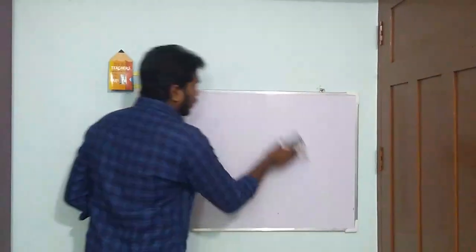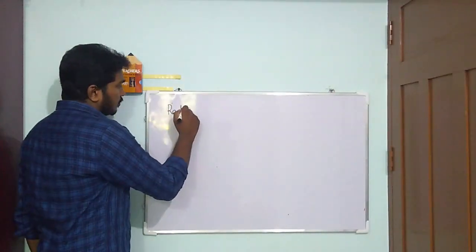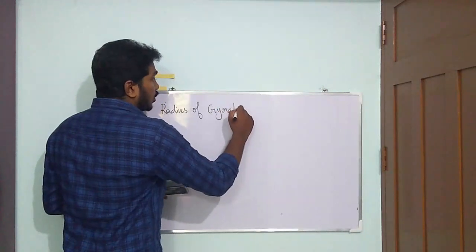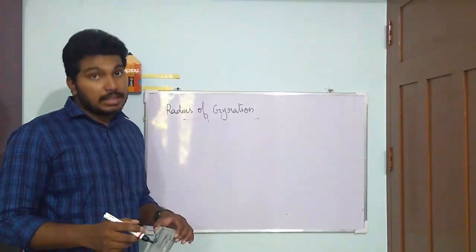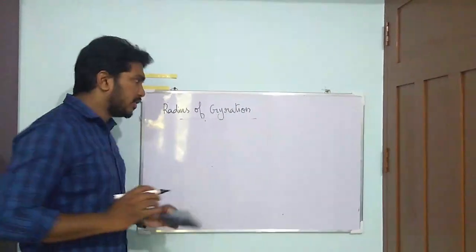Now one more point to remember is about radius of gyration. When you move on to rolling motion and everything, this term is of high significance. Let me tell you what it is first of all.